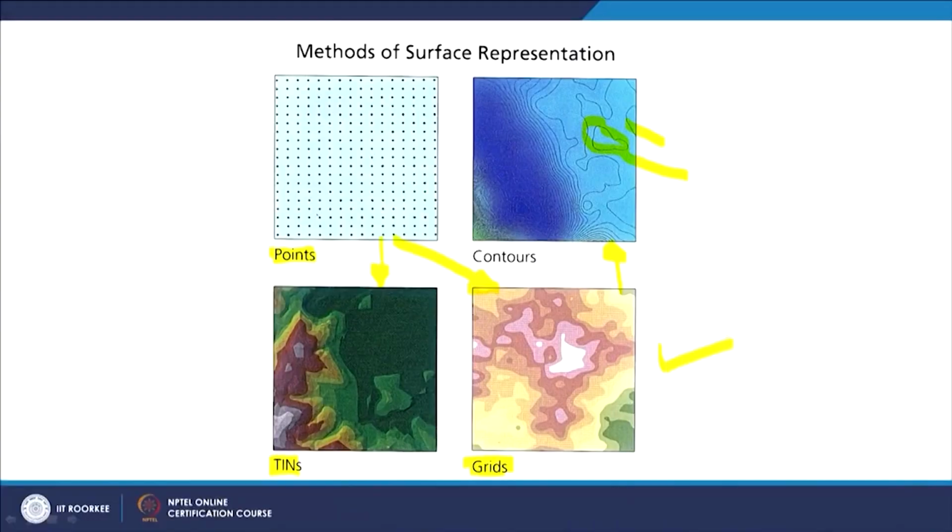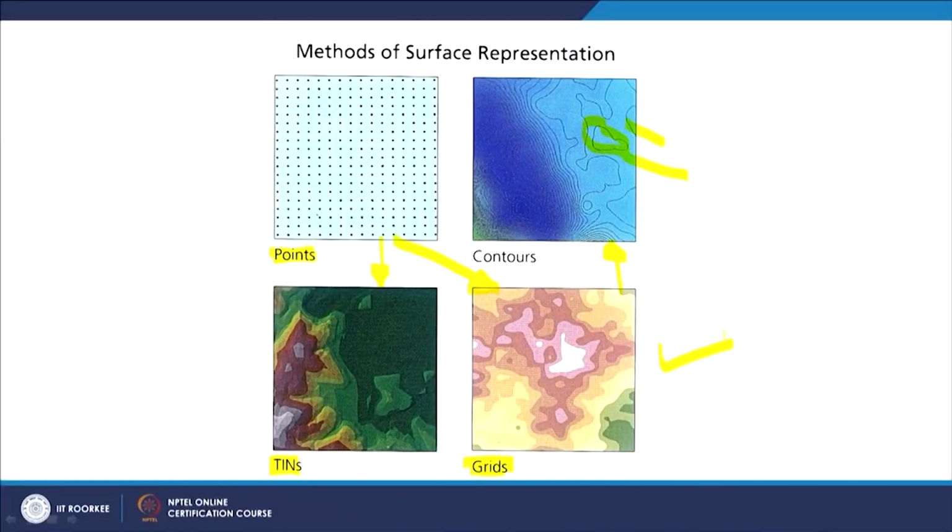Why am I bringing this discussion here? Because all these software expect that you provide input data for creation of a surface as point data, not polyline data. So you have to provide point data, and that point data will then be interpolated through whichever interpolation technique you choose, and a surface will be created.